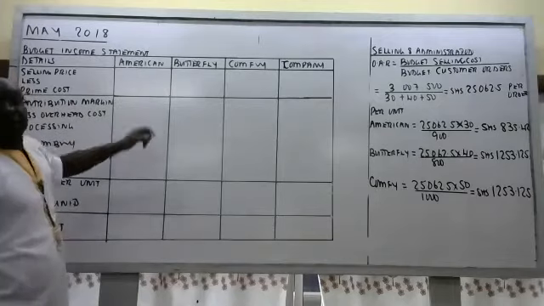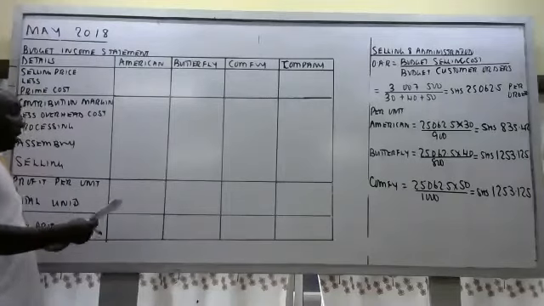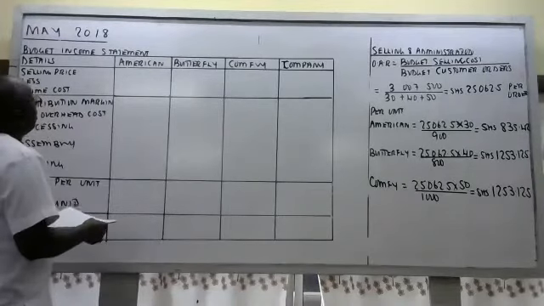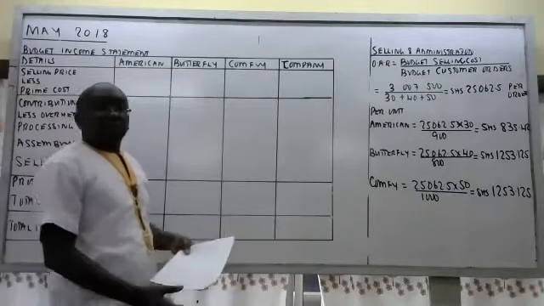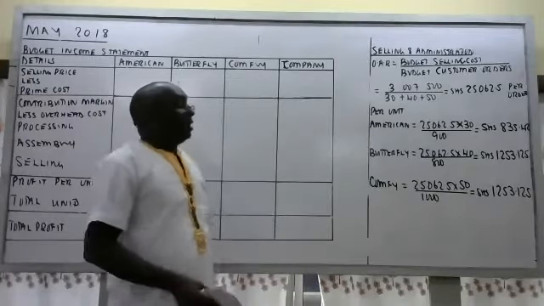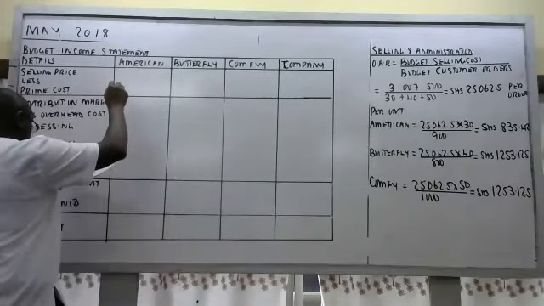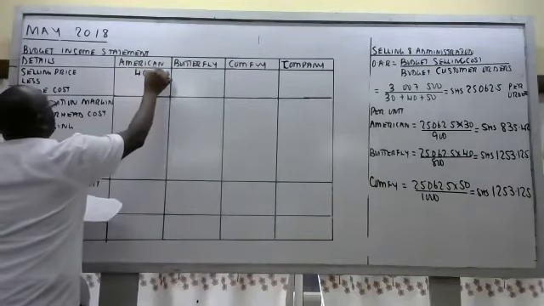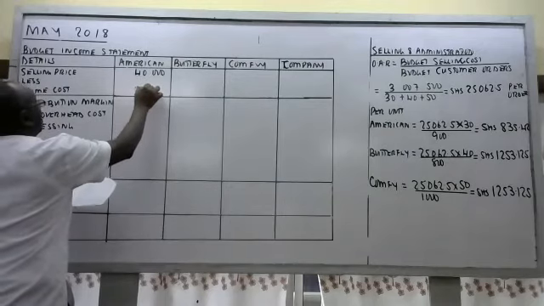Let's start from here. We record the selling prices as they were. To avoid very many decimals because of those figures, let's work with the full figures. So the selling price here is 40,000 with a prime cost of 35,000.